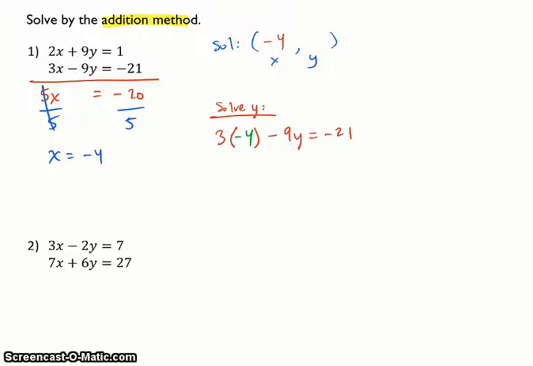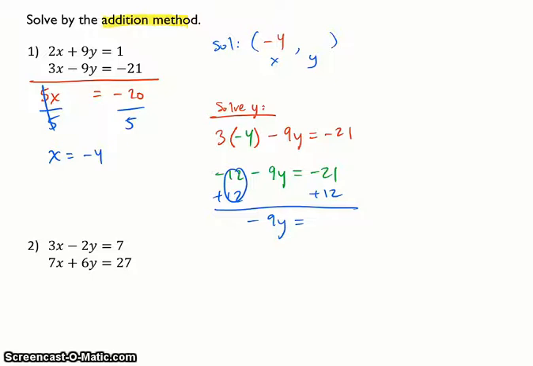So let's work this out. 3 times negative 4 is negative 12, minus 9y equals negative 21. And just solve for y. We're going to add 12 because we want to get y by itself. This zeroes out. 0 minus 9y is negative 9y, is equal to negative 21 plus 12.